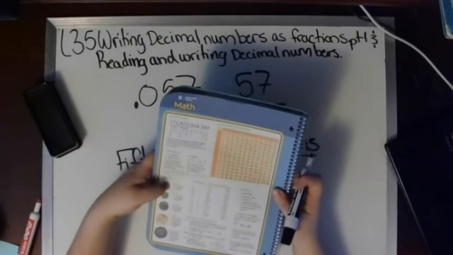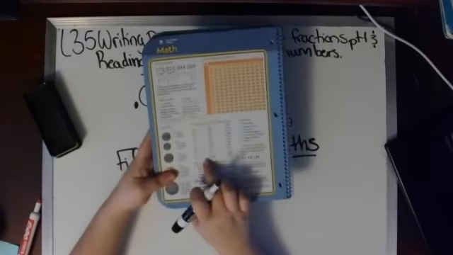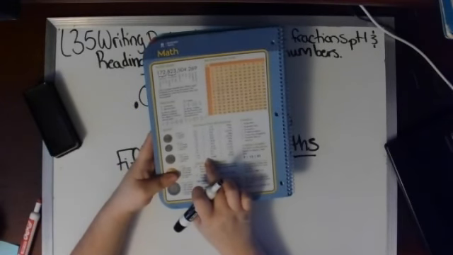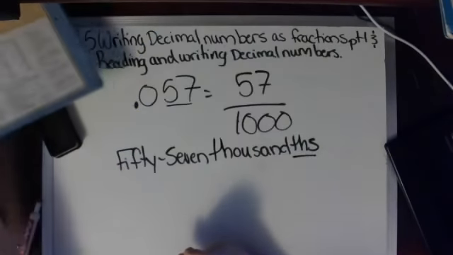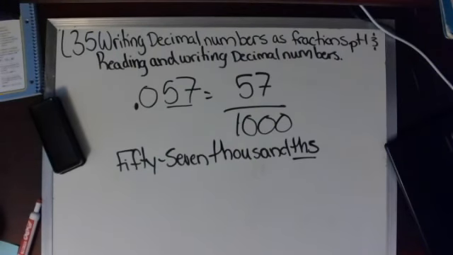It also gives you some down here as well for decimals and fractions. Okay, that is writing decimal numbers as fractions, part 1, and reading and writing decimal numbers for lesson 35, course 1.